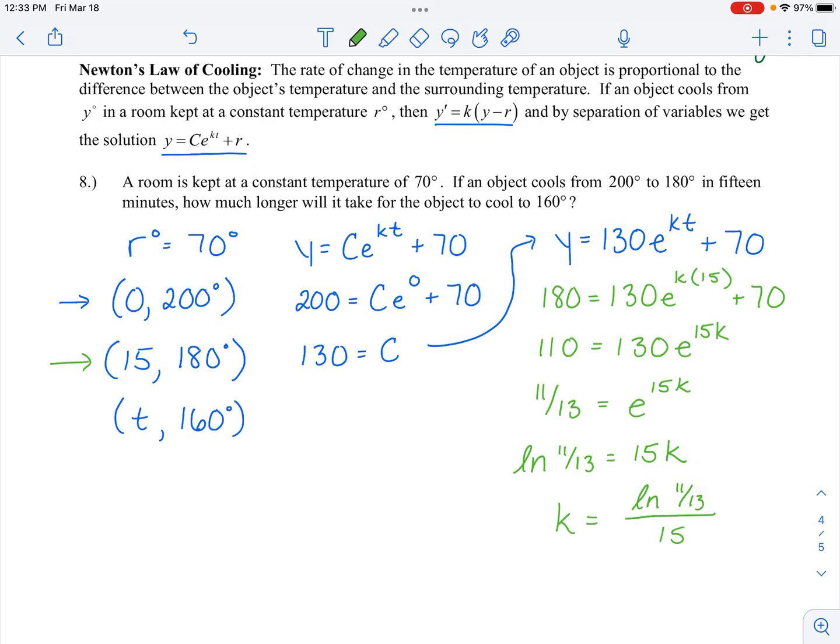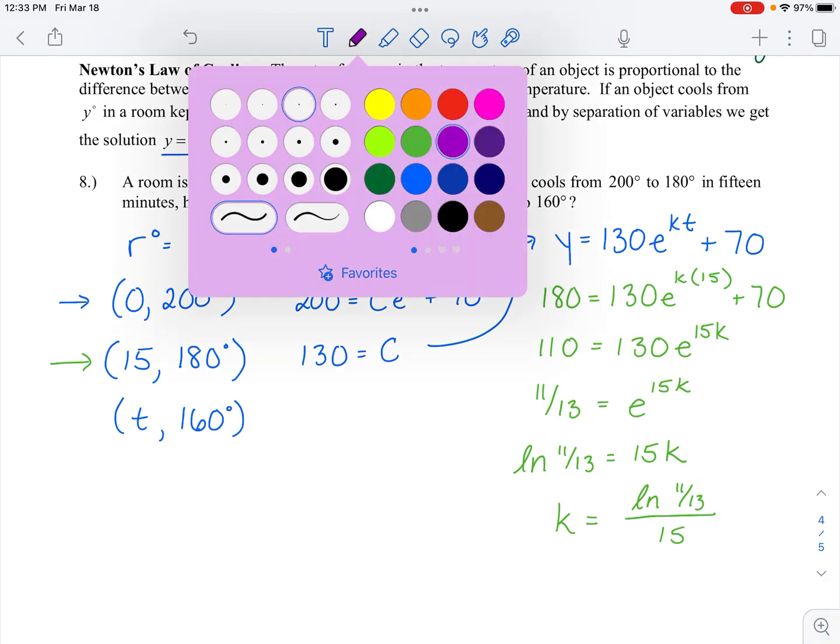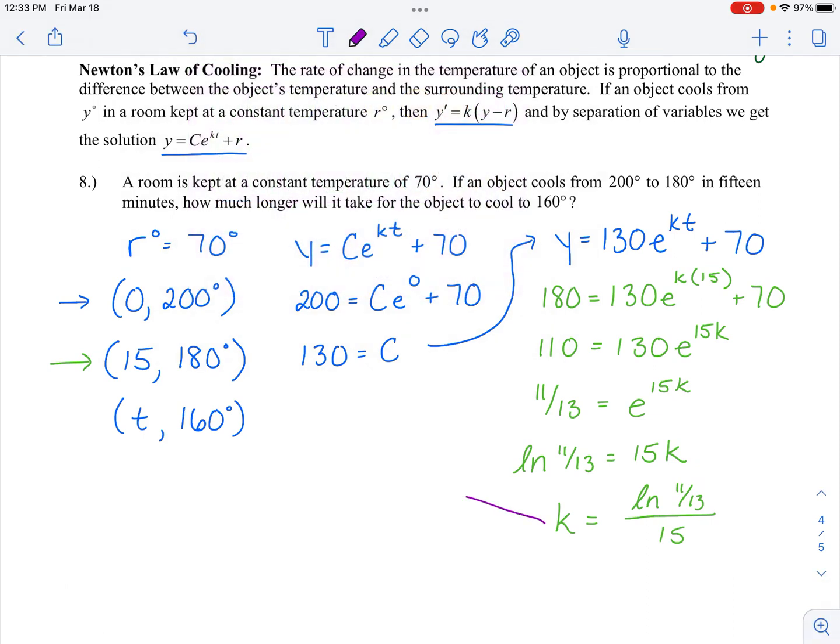Okay, now where do we go? So we have our particular solution now. We have y is equal to 130 e to the kt plus 70. I'm just going to write k because it's a cumbersome number to write, but remember, we've well defined it, so we can write k there, and then I'll plug it in at the very end. And I want to figure out when I get to a temperature of 160.